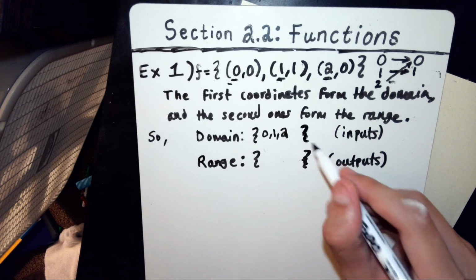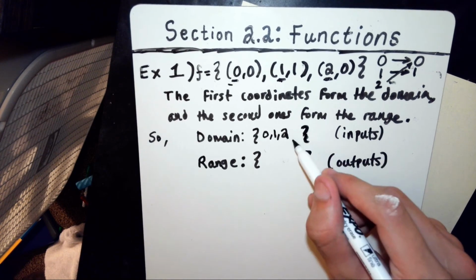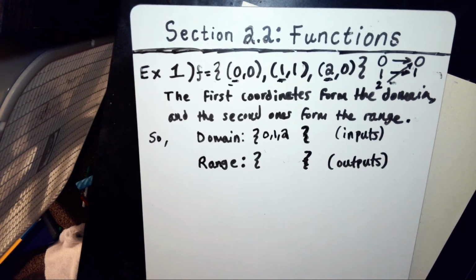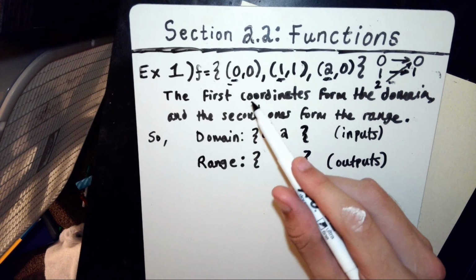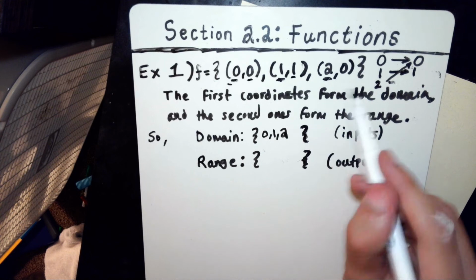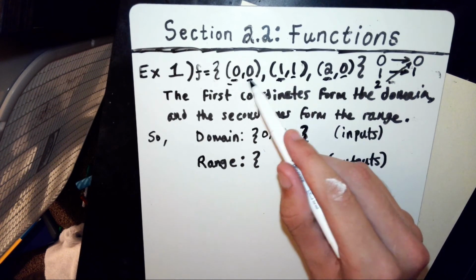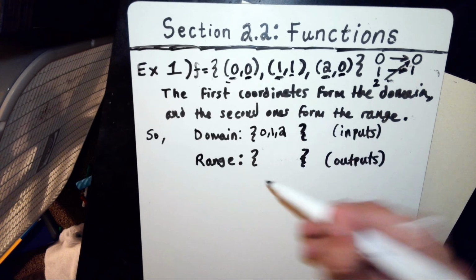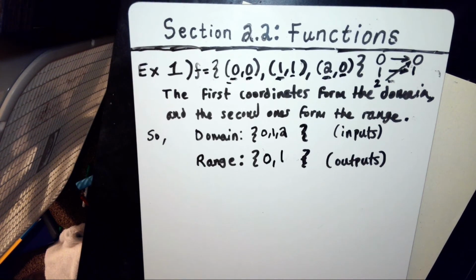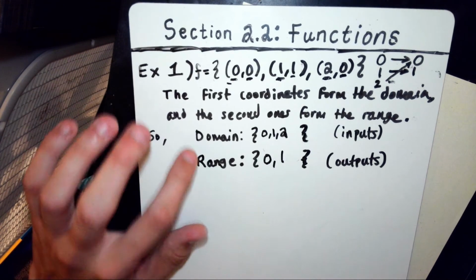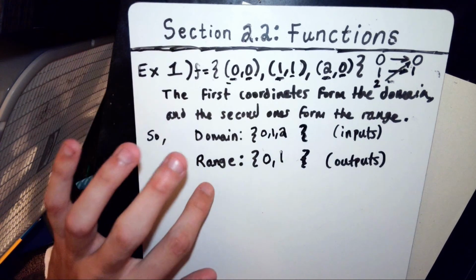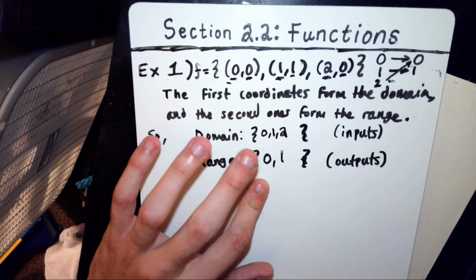If there were two 2's, I would only write it once. Now the range is just the second coordinate. We have 0, 1, and then 0 again. We have two zeros, but we're only going to write it once, and then we have 1. So the domain is the set {0, 1, 2}, and the range of this function is the set {0, 1}.